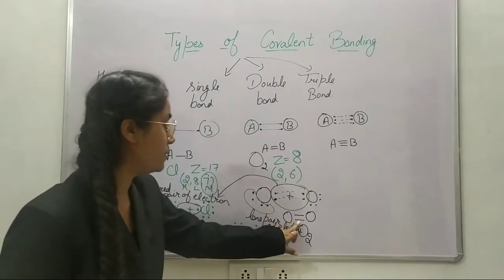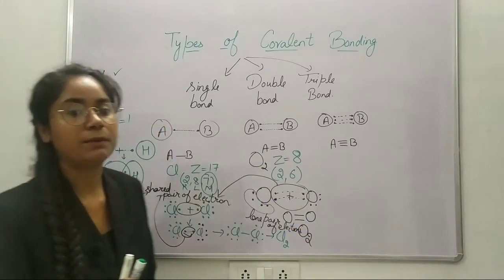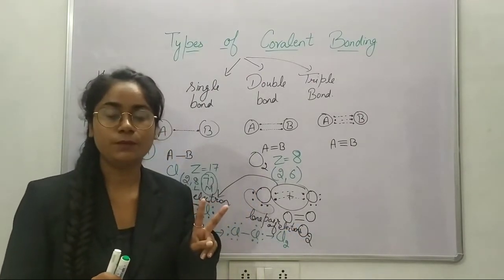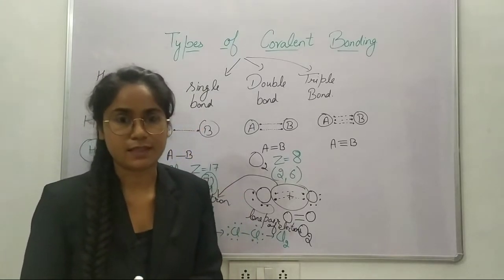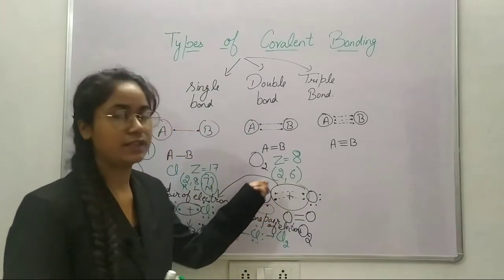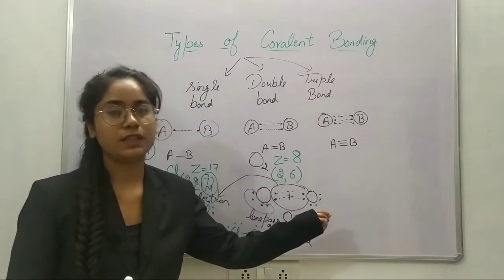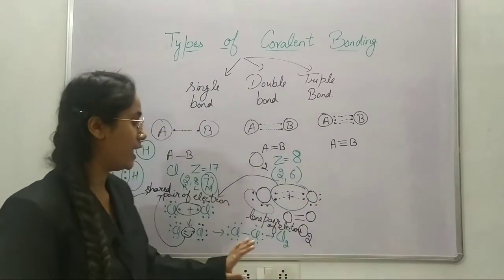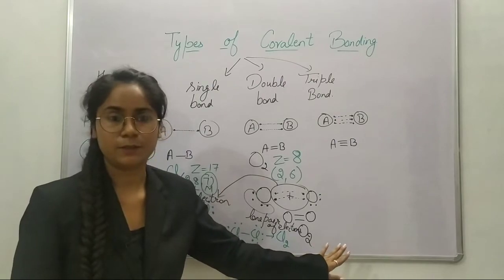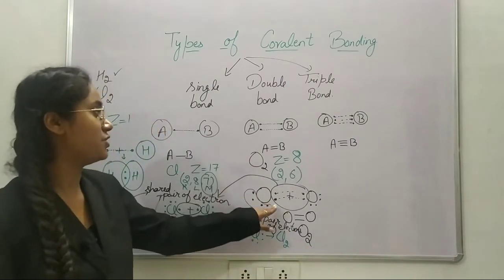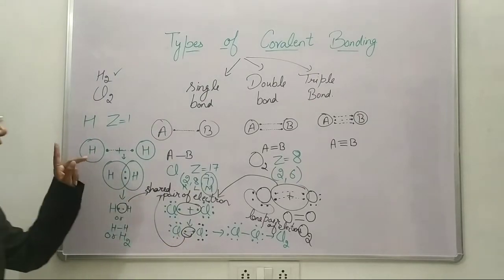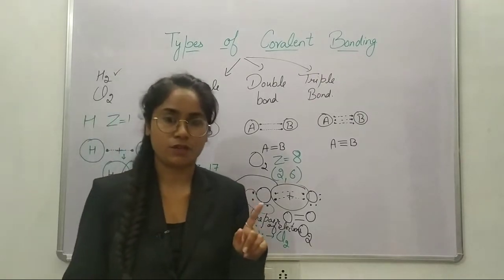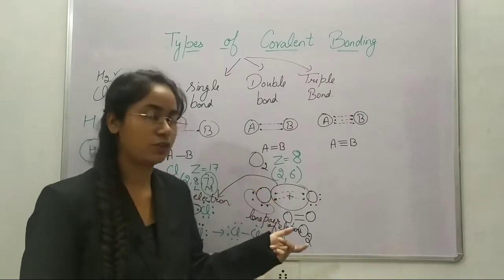Oxygen forms a double bond. Now why does it form a double bond? Because it has a valency of 2. It only needs 2 electrons to attain this stability. So oxygen would share its 2 electrons with another oxygen atom and would form a double bond. Okay. So oxygen is sharing 2 pairs of electrons, while chlorine and hydrogen were sharing one single pair of electrons.